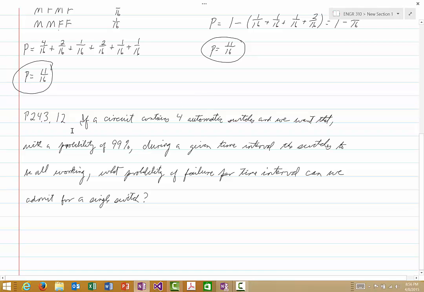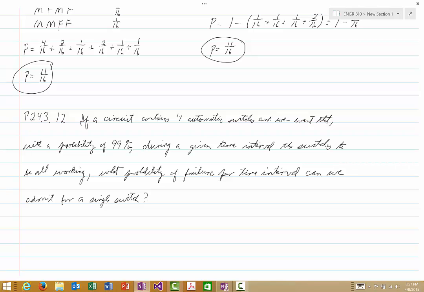And we want the probability that the circuit does not fail in a certain time interval to be 99%. So that means that the probability that not a single one of those switches will fail in this time interval is 99%. And so if that is our goal, then what is the greatest probability of failure that we could tolerate for the individual switches?